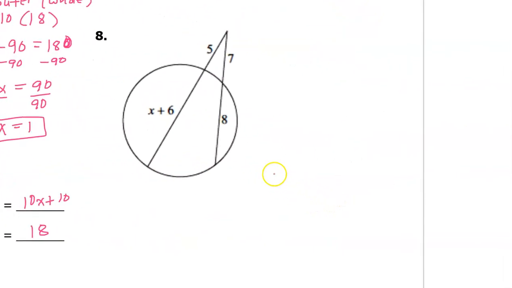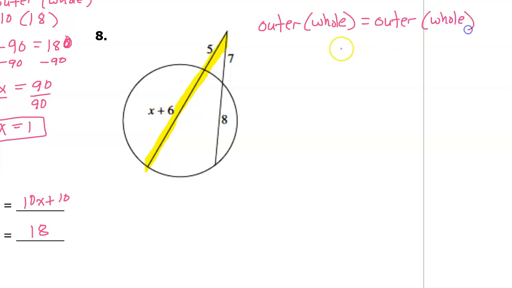All right, same deal for problem number 8. Here is the first secant line. All right, once again, we are doing outer times whole is equal to outer times whole. So for the yellow secant line, the outer part is this 5.